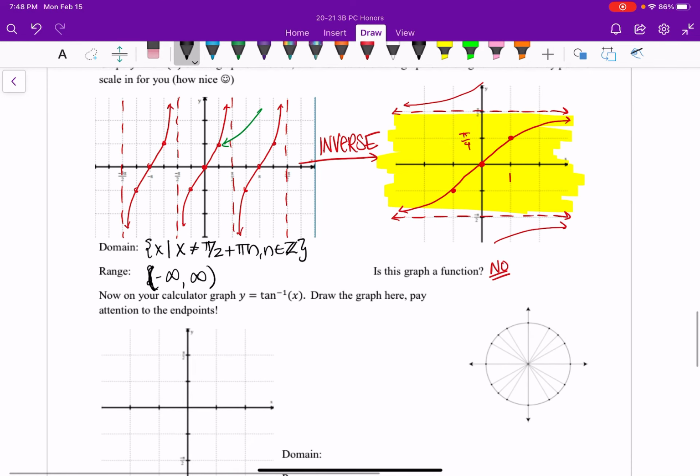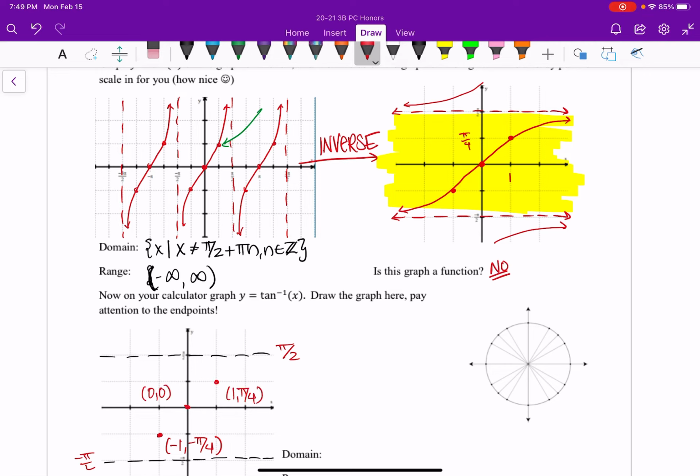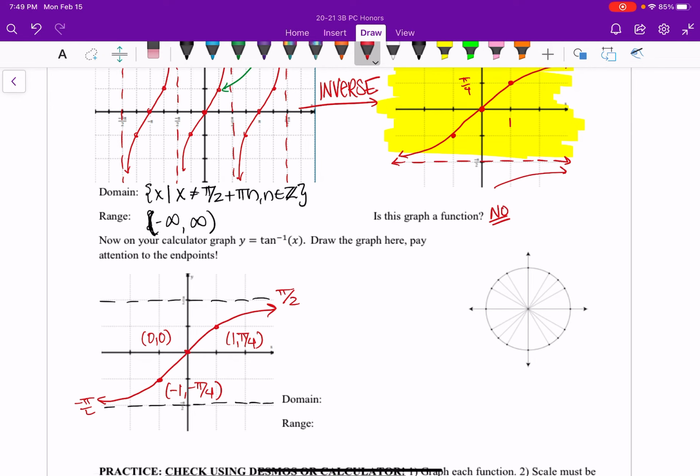So what I highlighted in yellow is our inverse tangent graph. So we've got two horizontal asymptotes at pi over 2 and -pi over 2, and then those three key points, (0, 0) and (1, pi over 4), and then we take that inverse shape going there. So notice our range for our inverse graph is very similar to what we had for the sine curve.